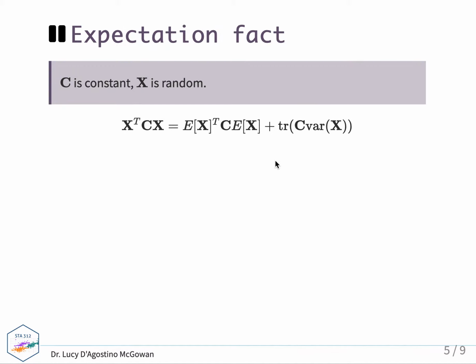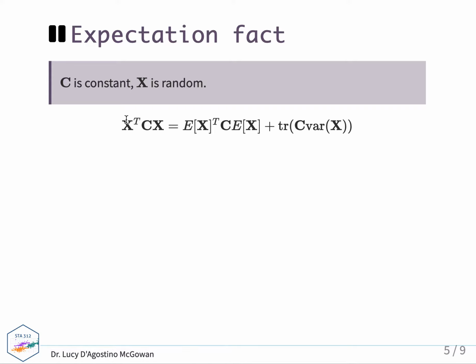And here's an expectation fact that goes along with these trace facts. If you'd like, you can try to prove this, but we're going to take it as fact here. If you have X transpose times C times X, the expectation of X transpose CX is equal to the expectation of X transpose times C times the expectation of X plus the trace of C times the variance of X. I'm going to say that one more time.